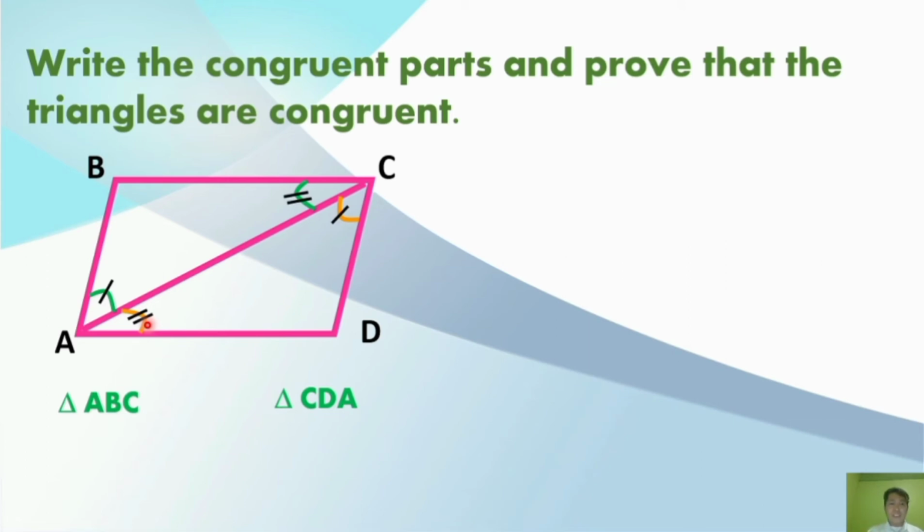So what do we need to do now? Is that enough information for us to prove that triangle ABC is congruent to triangle CDA? No. So we are going to find the third pair of corresponding parts. As we can see, side AC here, side AC is a shared side, meaning this side is part of triangle ABC, and this is also a part of triangle CDA.